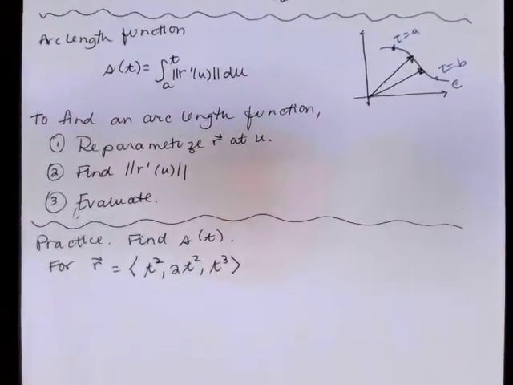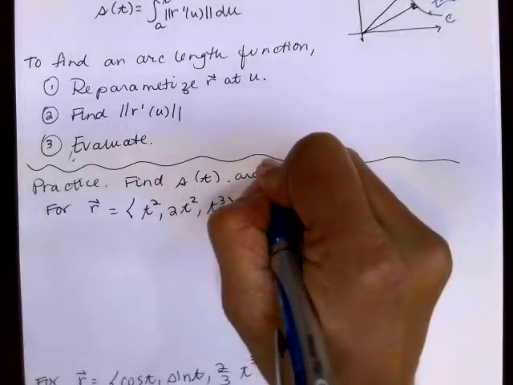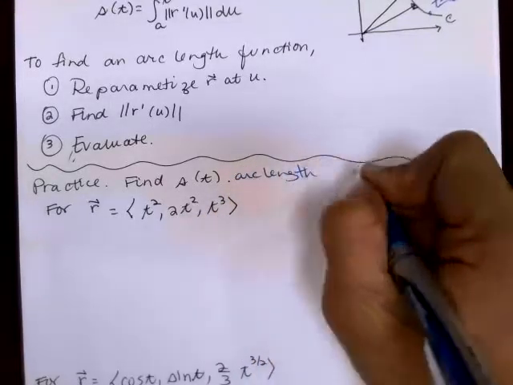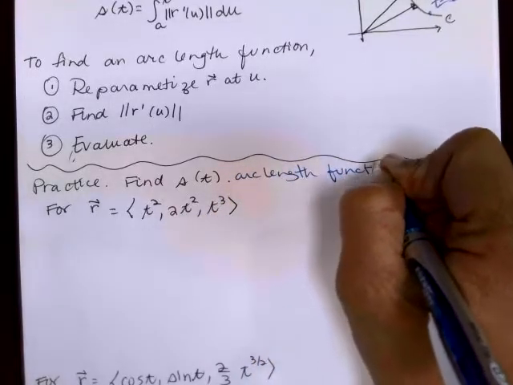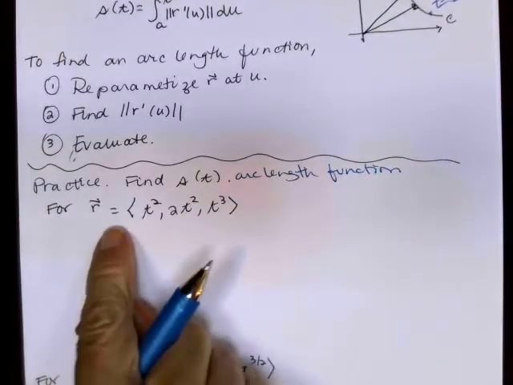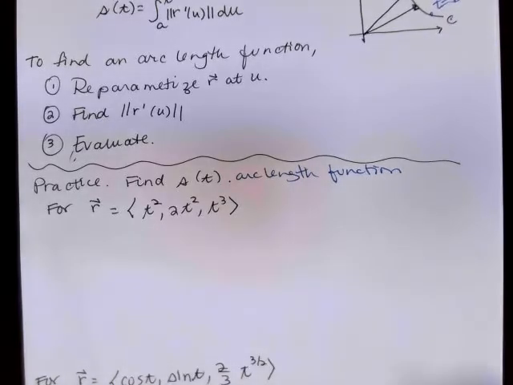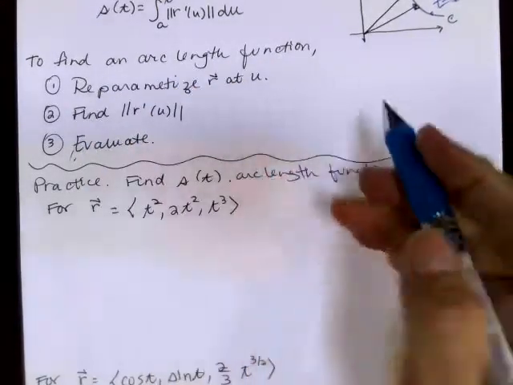So we are going to find S of t, so find that arc length function, in terms of t, if this is our given r. So r is defined to be t squared, 2t squared, and t cubed. Okay. So we're going to rewrite r in terms of u.